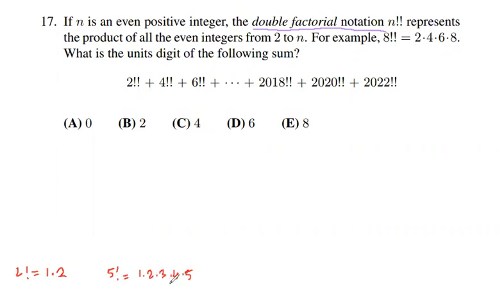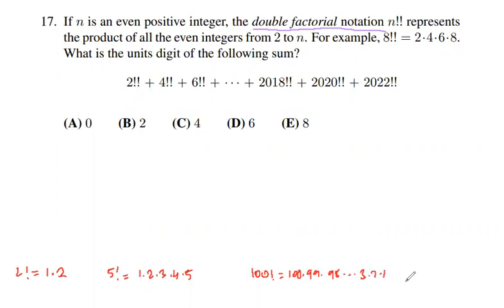If you have 100 factorial, you don't really want to write all those 100 integers to multiply, which is going to be a bit tedious. You can just write it as factorial and multiply all these integers.